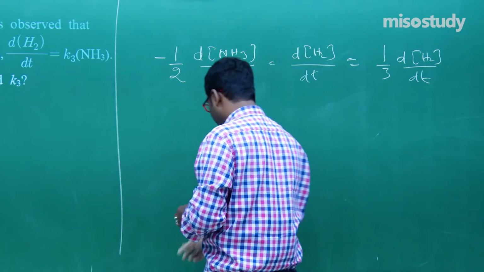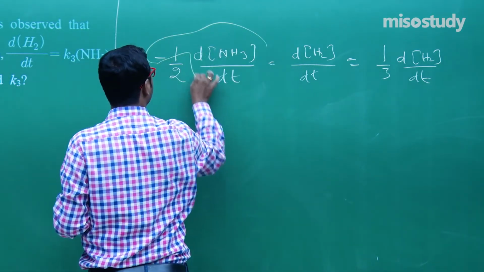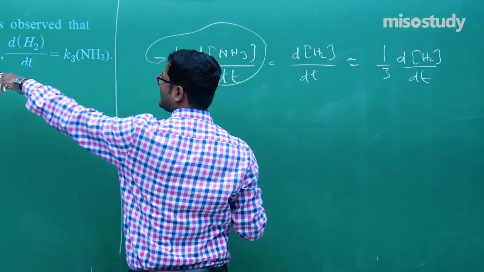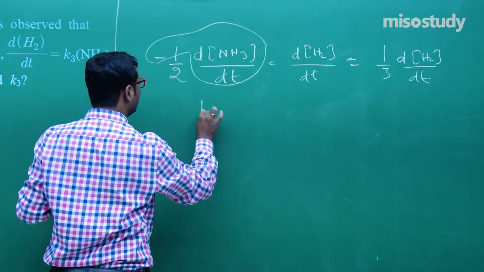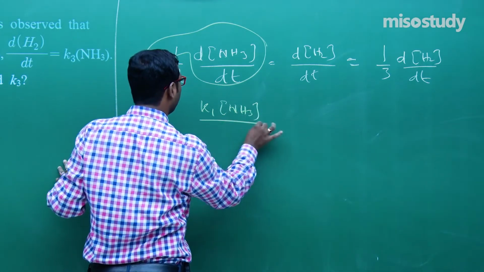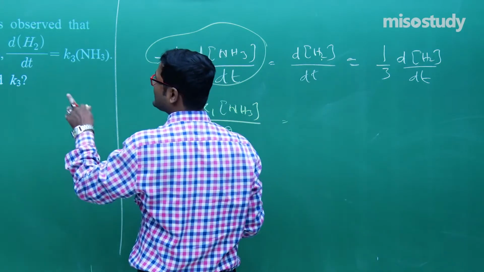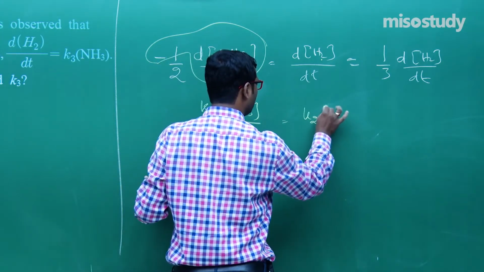Yes sir, wait for a moment. Now, as we know, for minus dNH3 upon dt, K1 is given here. Put the value K1 NH3 upon 2. For this one, that is K2 NH3, put here K2 NH3.